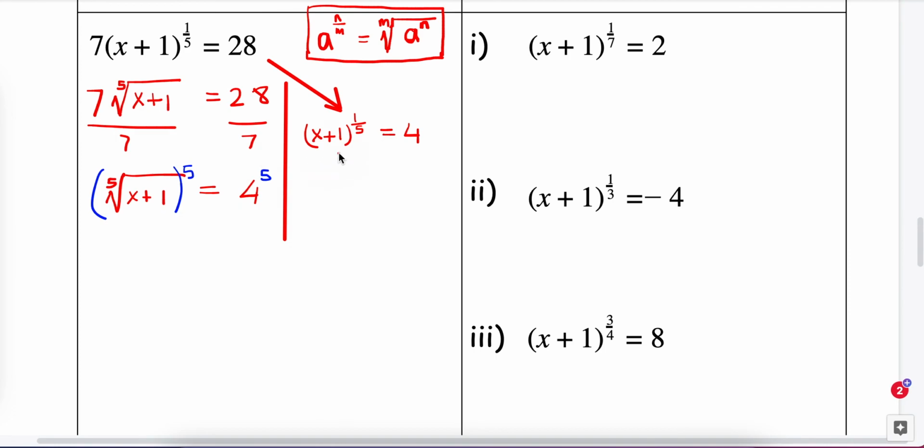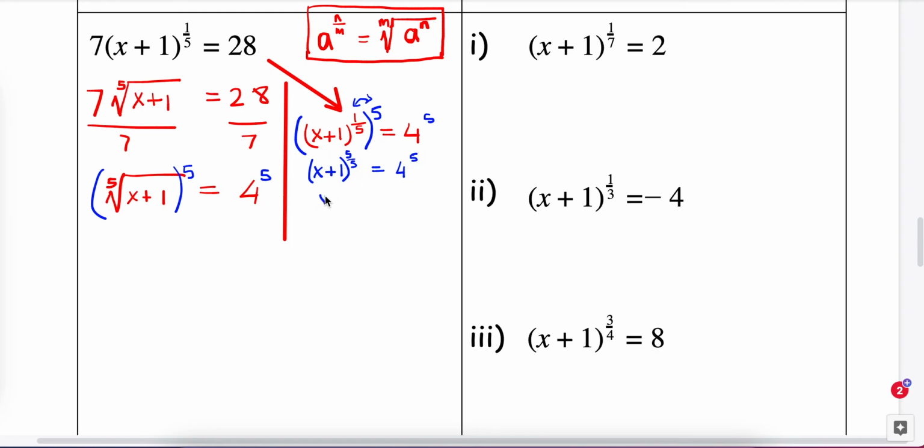So when we raise both sides to the fifth power, if you know your exponent rules, this exponent is multiplied times the outside exponent. So you have x plus 1 to the 5 over 5, which of course is just 1, equals 4 to the fifth.